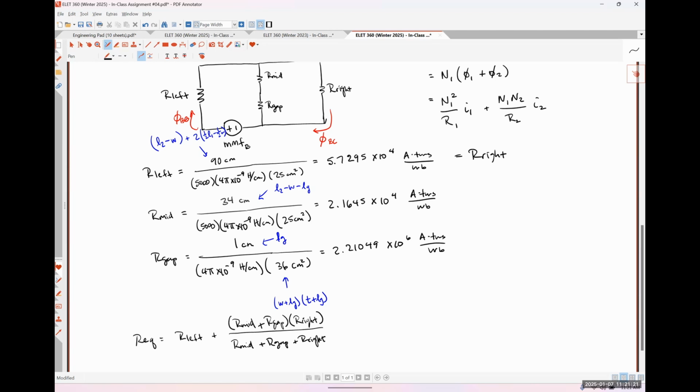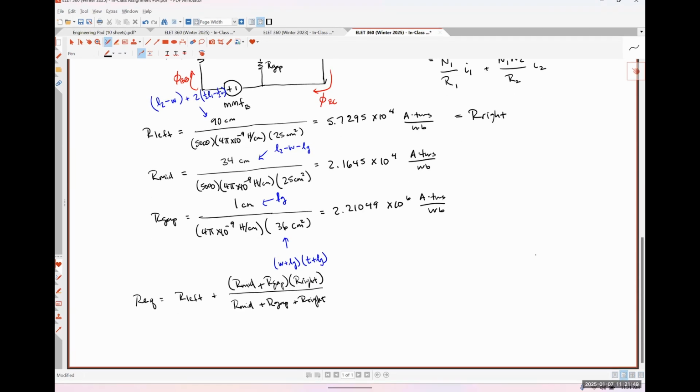We'll just leave things symbolic for now; we won't worry about the numbers. We're just going through a process here. So are we all okay that that's what REQ, our equivalent reluctance, would be? Just the left-hand path in series with those two other paths in parallel. Treating it like resistors, that seems fairly legit.